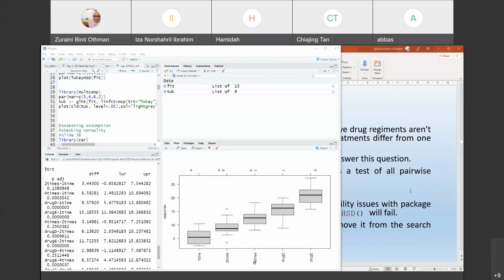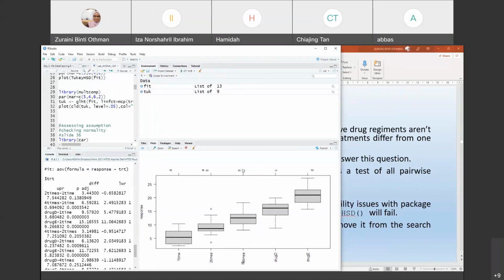You can see that 1 time and 2 times are insignificant because they share the same letter A. And we can see that from 1 time to 4 times it is significant because they do not share the same letter. That's what the letter means. From 1 time to drug E is also significant, but for 4 times with drug D it is not significant.